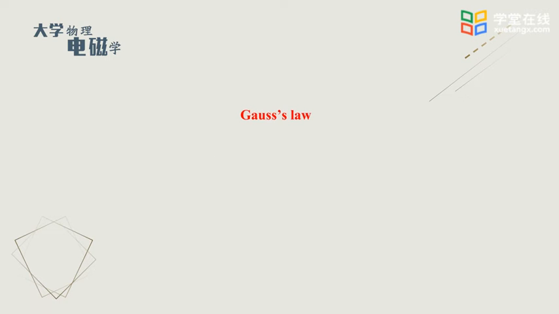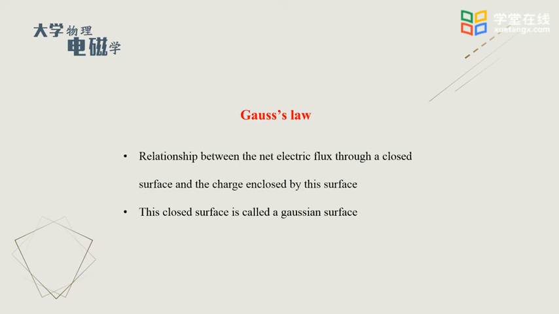This is Gauss's law. Gauss's law is one of the most important laws in the study of electric fields. Gauss's law describes a general relationship between the net electric flux through a closed surface and the charge enclosed by this surface. This closed surface is called a Gaussian surface. Gauss's law gives us a property of the electric field, which can be used to determine the electric field in principle.